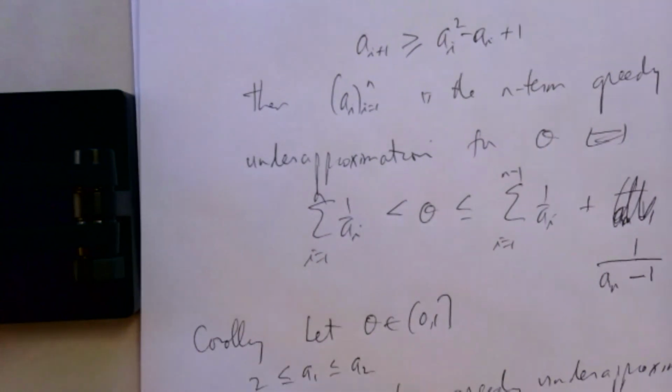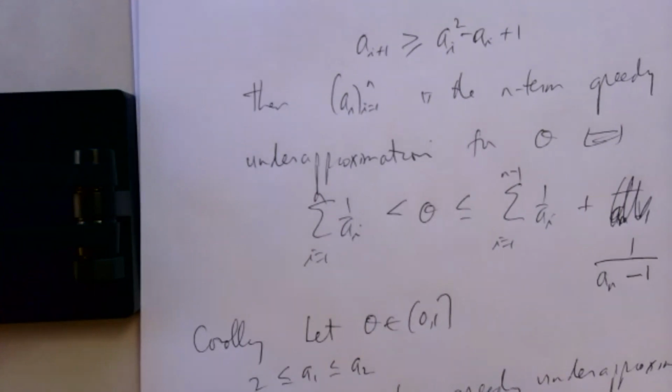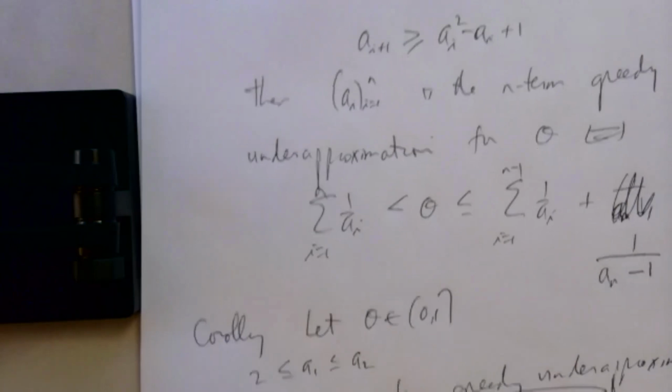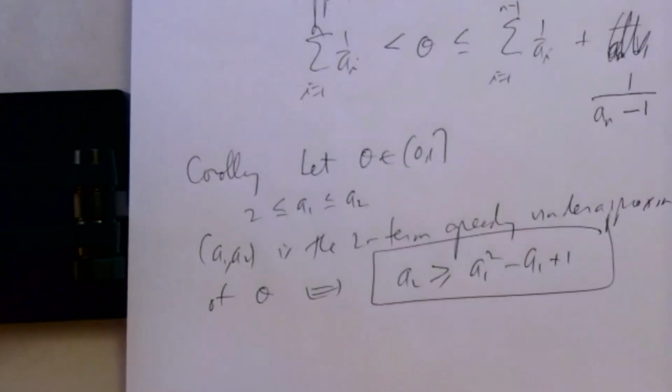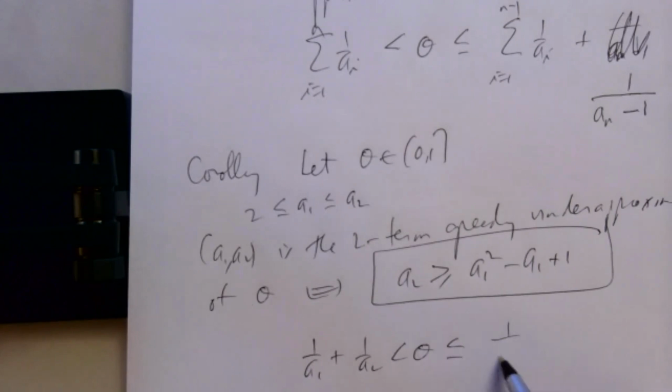if and only if, first of all, A2 has to satisfy this inequality, and 1 over A1 plus 1 over A2 less than theta less than or equal to 1 over A1 plus 1 over A2 minus 1.